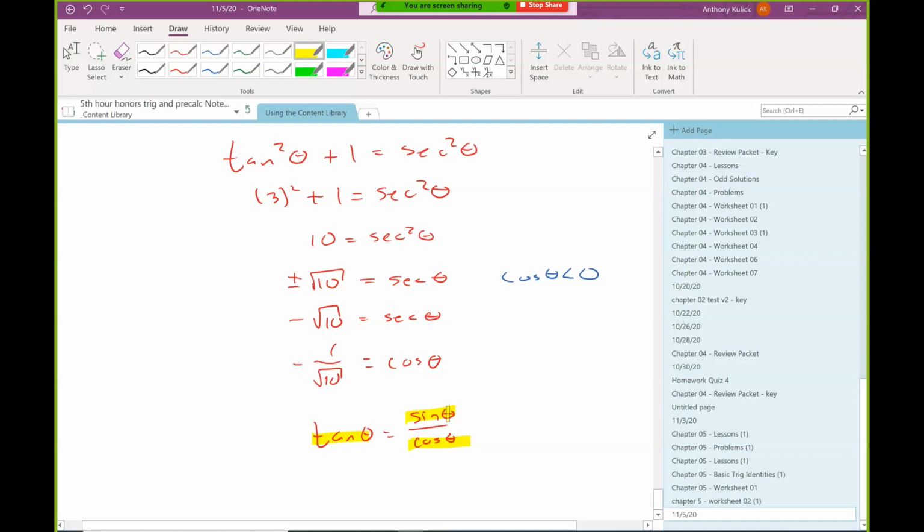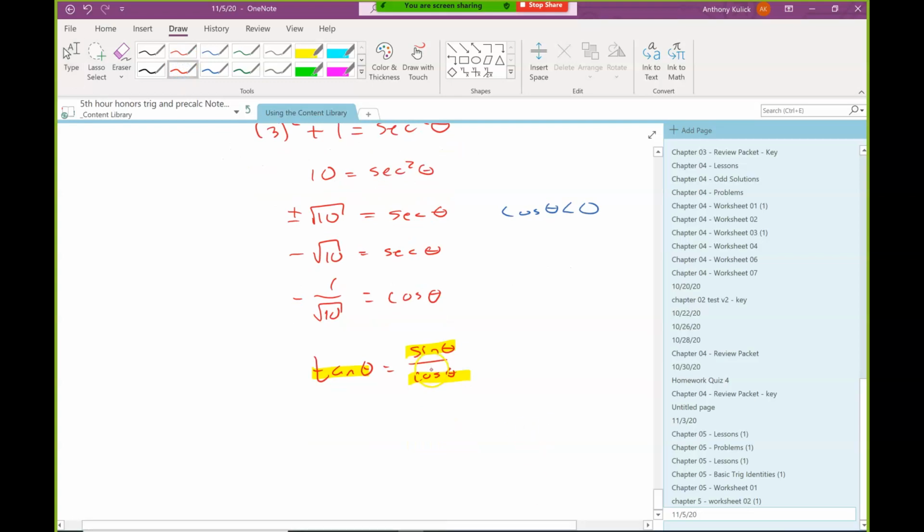So I'm going to multiply both sides by cosine theta. And now I can say square root of 10 times 3 is equal to sine theta.